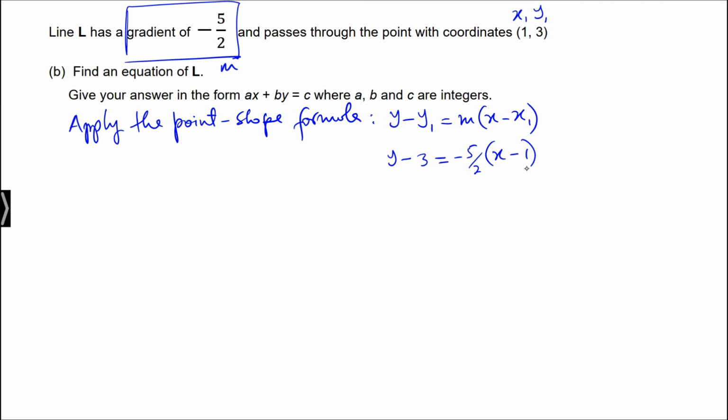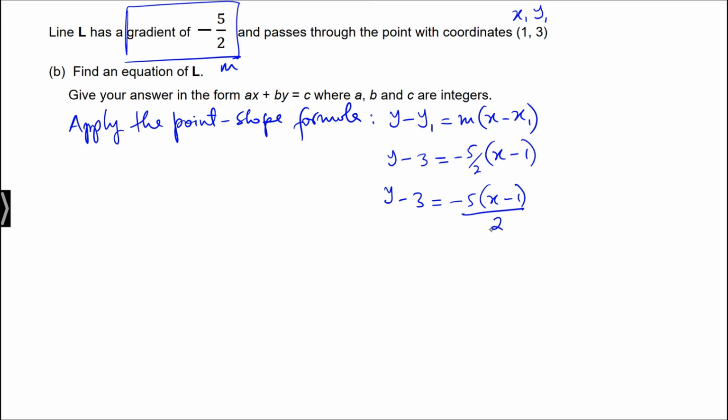And then we'll just simplify it such that the resulting equation is in the form of ax plus by is equals to c. So y minus 3 will be equal to, you can rewrite this as negative 5 into x minus 1 over 2, because dividing by 2 is same as multiplying by half.